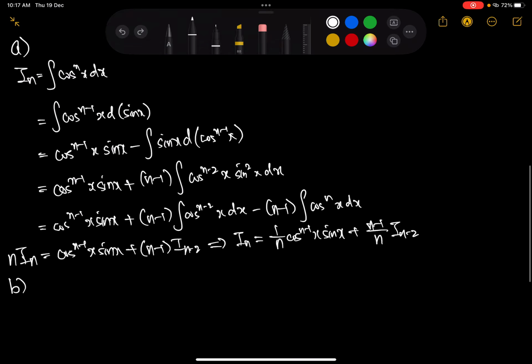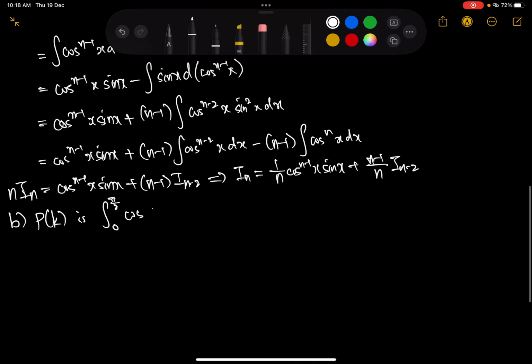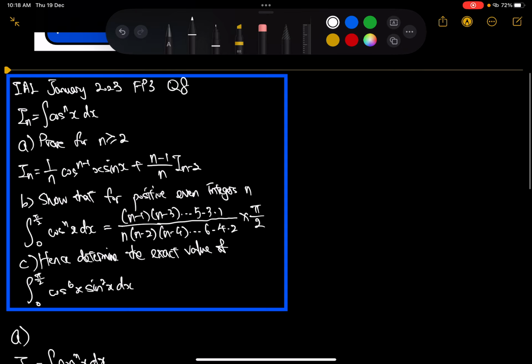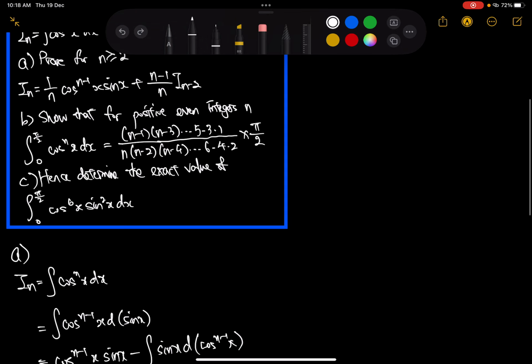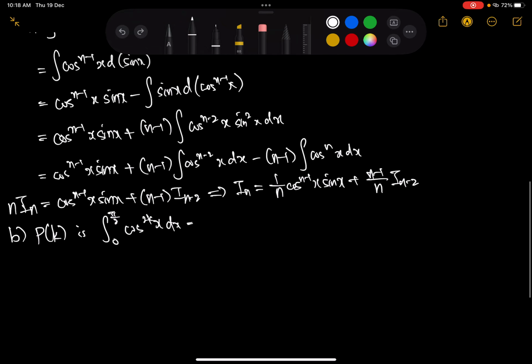So let's say Pk is the integral from 0 to pi over 2 of cosine 2k of x dx, which is equal to, well, this is for positive even integers n, so obviously n is equal to 2k, and that's n minus 1, n minus 3, so we have 2k minus 1, 2k minus 3, blah blah blah to 1, over 2k, 2k minus 2, blah blah blah to 2, times pi over 2. Let's write that more clearly.